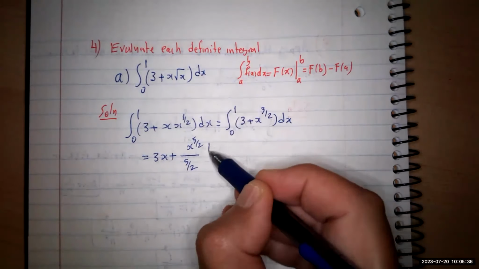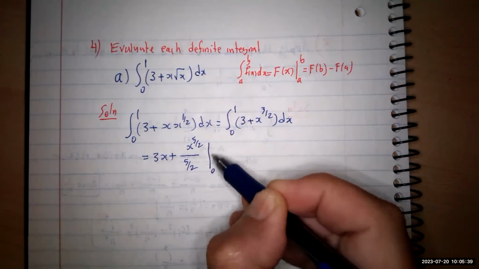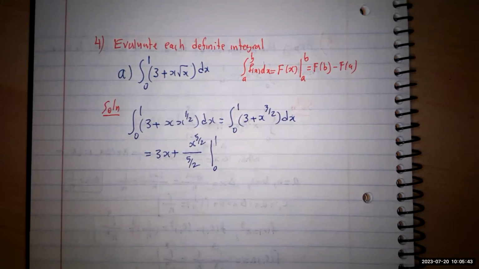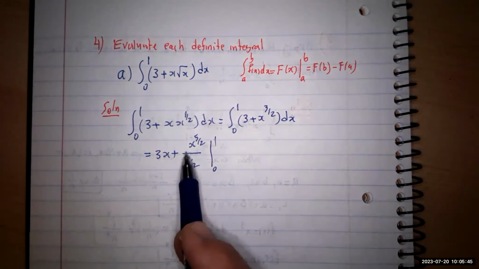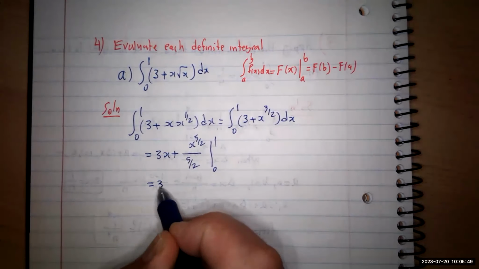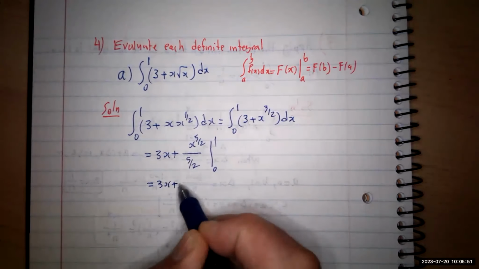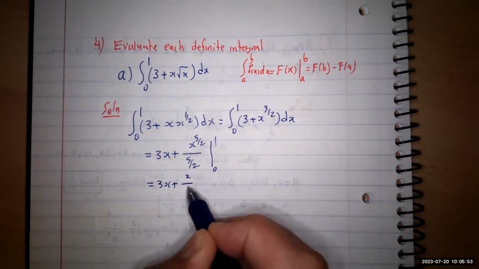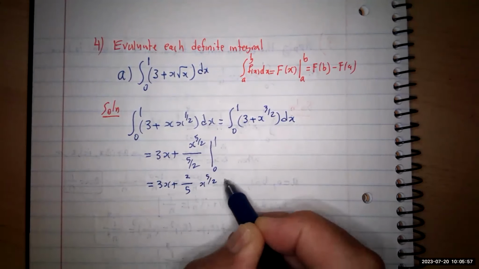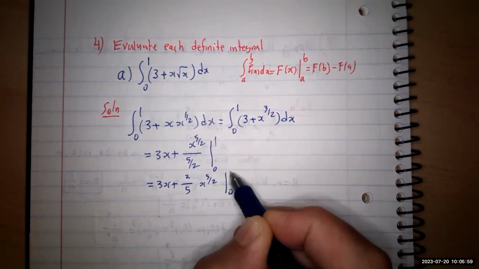So this is the notation that we use. Evaluate it from 0 to 1. You have to simplify it first. 5/2, use the reciprocal. So that gives you 3x plus 2/5 x to the 5/2. Evaluate it from 0 to 1.